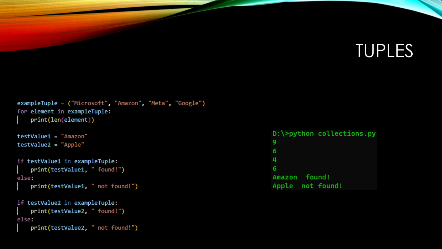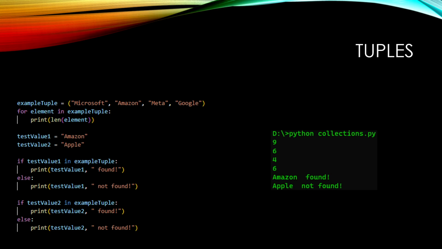So now we have tuples. I use these even less. So we have a tuple that is created using parentheses. So your name of your tuple equals, open parentheses, the stuff you want to put in it, comma separated, close parentheses.